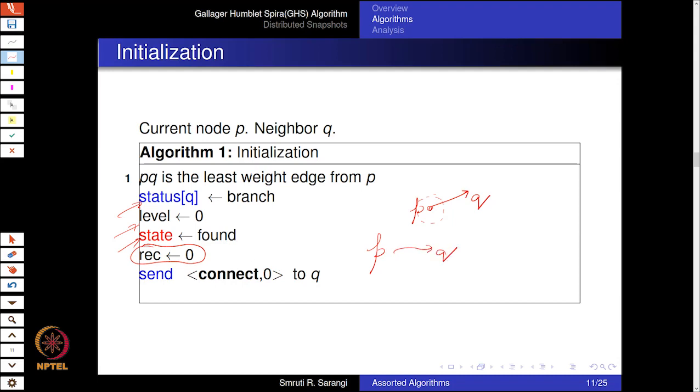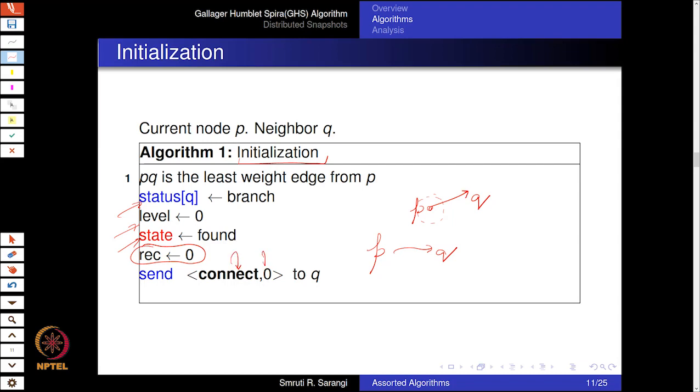So this is when I'm initializing, when I'm starting. I know that the level of Q will at least be my level, as far as it is a least weight edge. Let me send a connect message and let's see what Q does. If Q responds, I connect, otherwise I don't. So what I send is a connect 0 message.